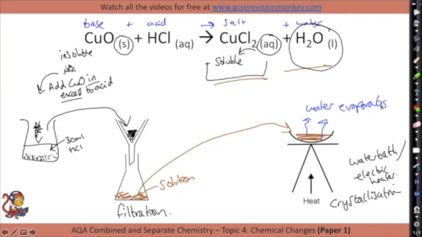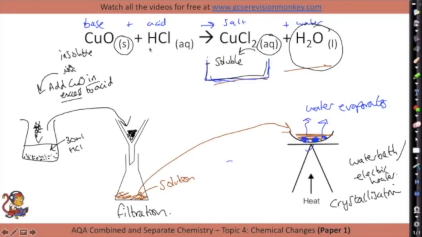After a while, we might take it off the heat and leave it to finish evaporating off the heat, but we will end up with crystals left in our evaporating dish where we've actually extracted our salt crystals. So you need to be able to describe this method and say step by step what you need to do to create your soluble salt.